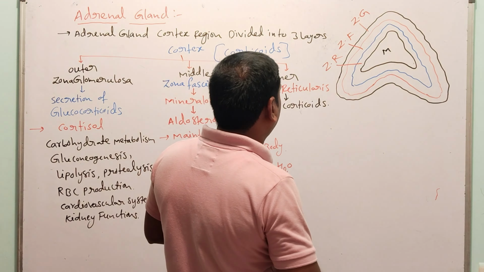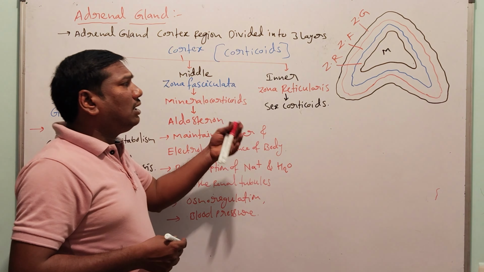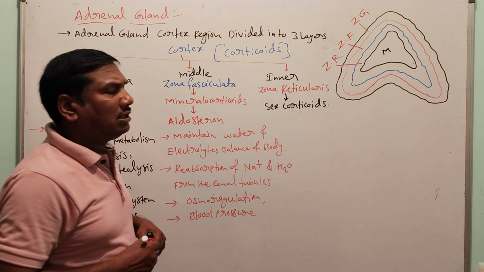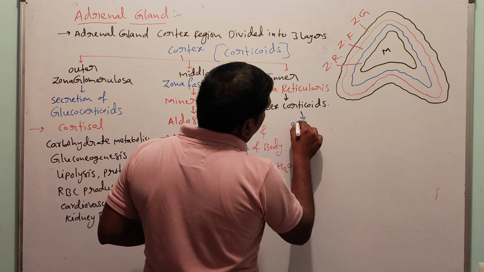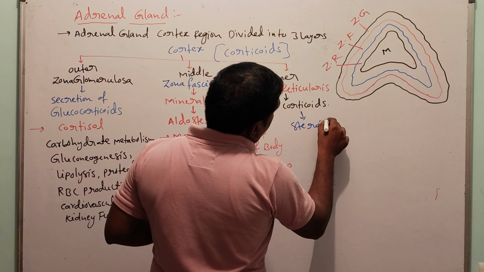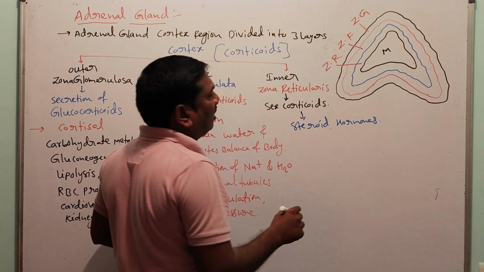Next one is the sex corticoids. The third one is the zona reticularis, which secretes sex corticoids, meaning the secretion of steroid hormones.